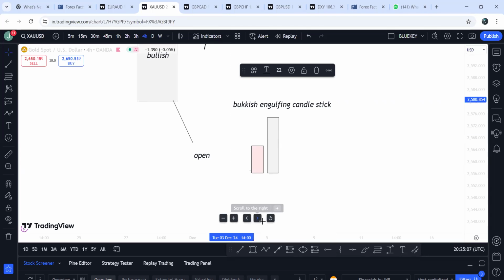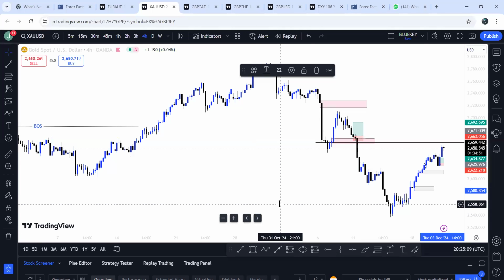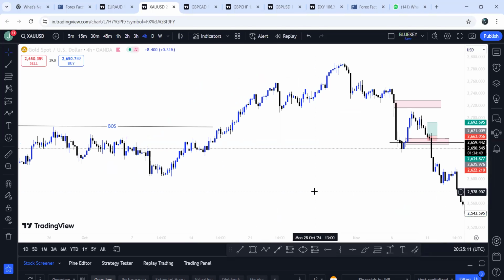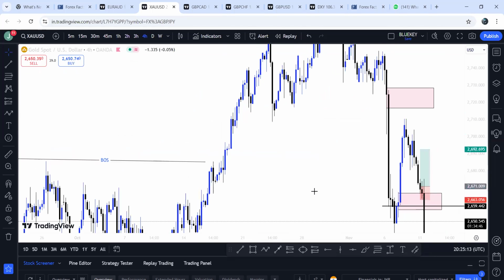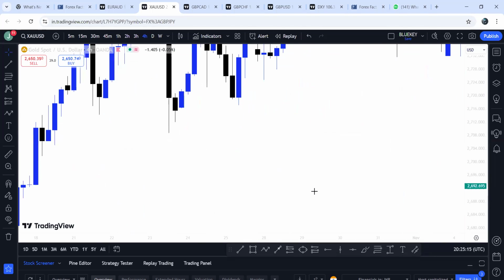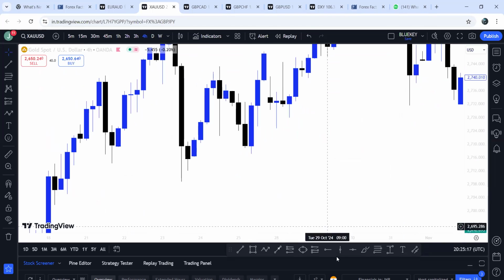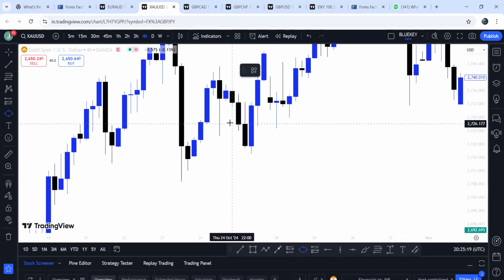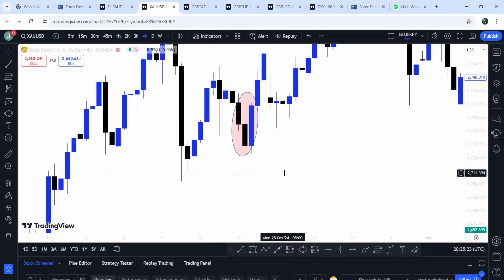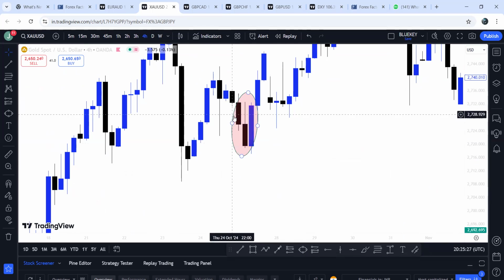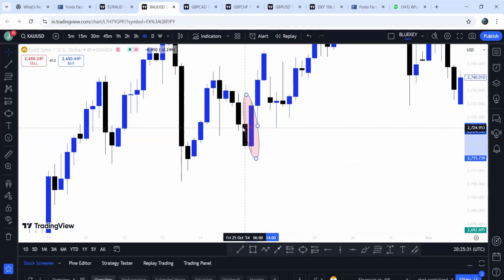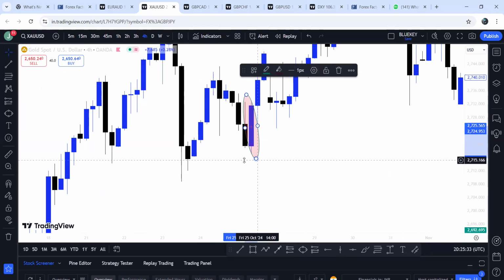Anyway, before we proceed, let me show you an example of a bullish engulfing, right? Now, look right here. We have an example of a bullish engulfing candle. Can you see it? Good. I'm going to use it like this, because this other one is not part of it.